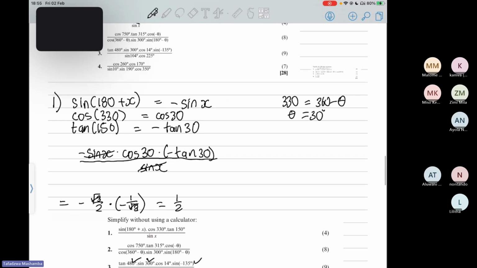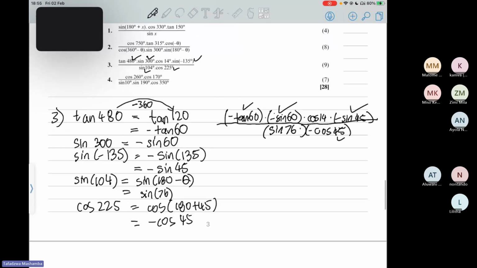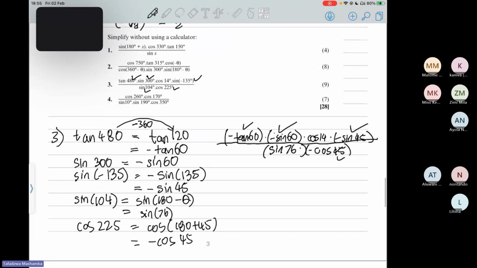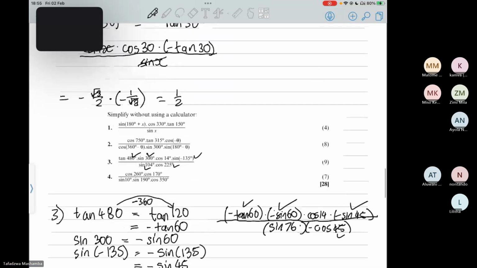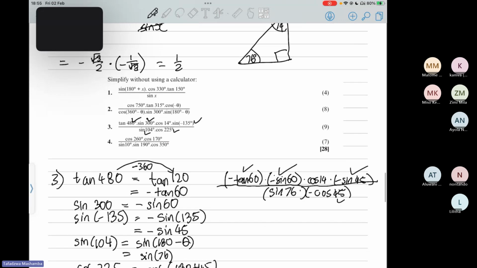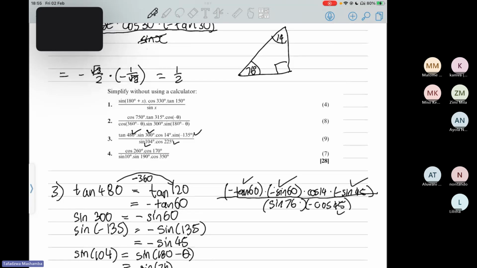So if we draw a triangle, let's say a 76-degree triangle, if this is 76 degrees and this is 90, what is this angle? What's 90 minus 76? That's when you realize this is 14. So can you see already that there's a link between this and this? And what did I say about that linkage?